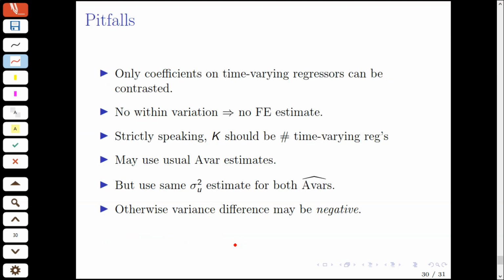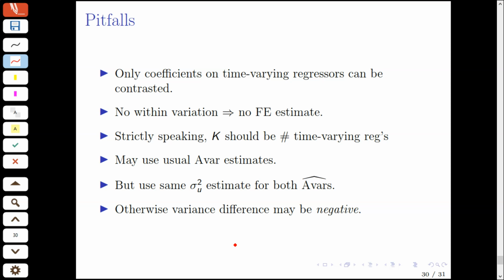Before ending this talk, let me just discuss possible pitfalls in implementing the Hausman test. Note here that since we're contrasting random effects with the fixed effects estimator, only coefficients on time-varying regressors can be contrasted.